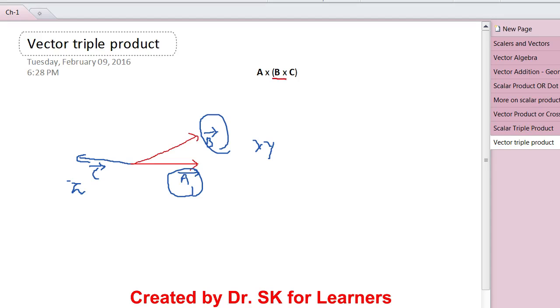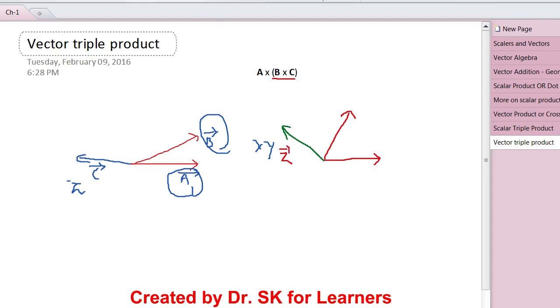First we'll consider B cross C. There is a vector called B here and a vector called C here. So you will get a vector which is multiplication of B and C and is perpendicular to B and C both. So if B and C are in XY plane, it is towards Z axis.